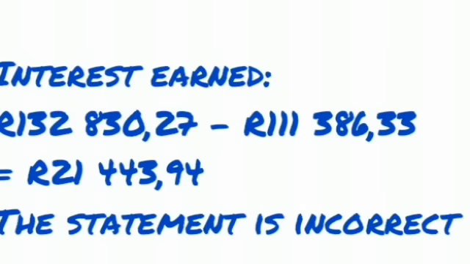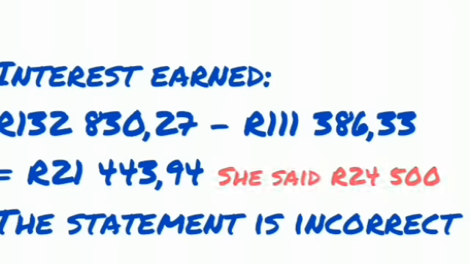Then for the interest, you are going to take the balance at the end of the fourth period and minus that amount that we started with of 111,386.33, and you minus them together, you will see the interest, which is 21,443.94. Her statement is incorrect because her amount was higher than this.